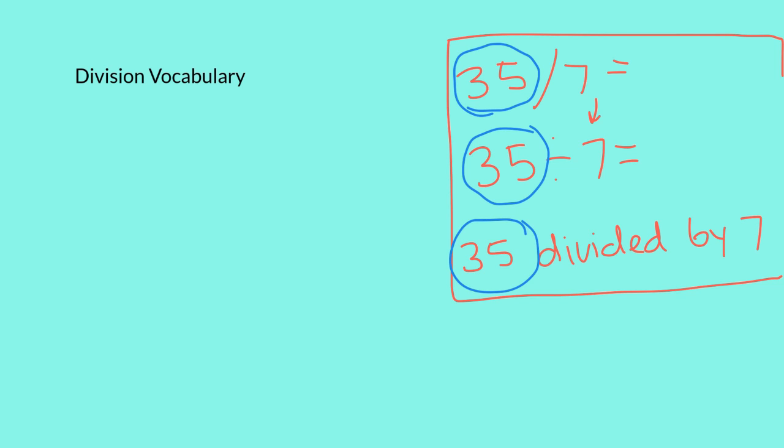And then we also have our divisor, and I'm going to circle that 7. That is the work number, the number that is doing the breaking into pieces, the number that is doing the dividing. And then we also have our answer to a division problem, which is called the quotient.